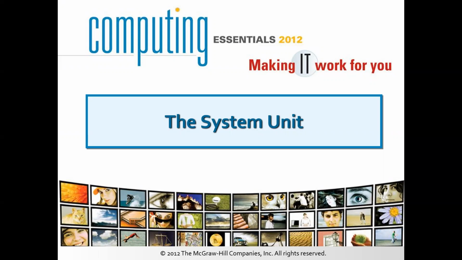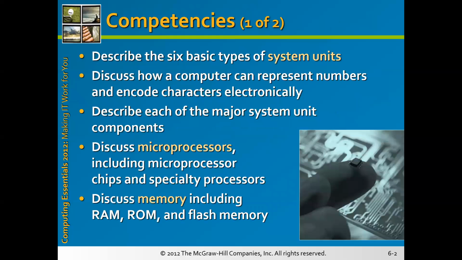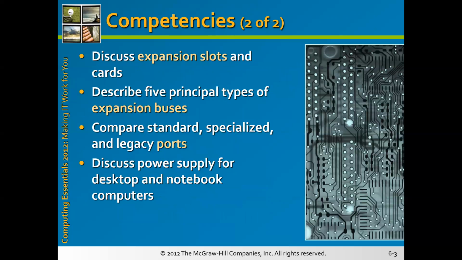Welcome to the second part of lecture 5. In this part, we should have a good look at the system unit. The learning objectives of this lecture include: describe the 6 basic types of system units, discuss how a computer can represent numbers and encode characters electronically, describe each of the major system unit components, discuss microprocessors, including microprocessor chip and specialty processors, discuss memory, including RAM, ROM, and flash memory.